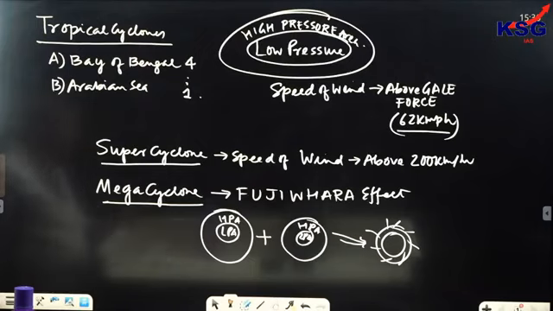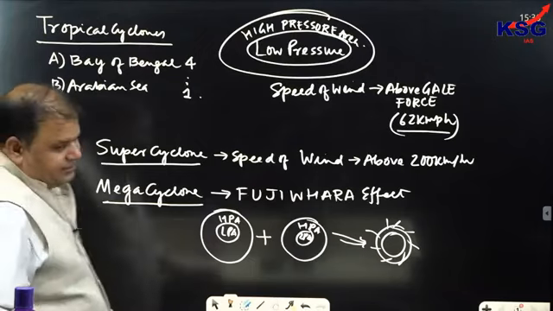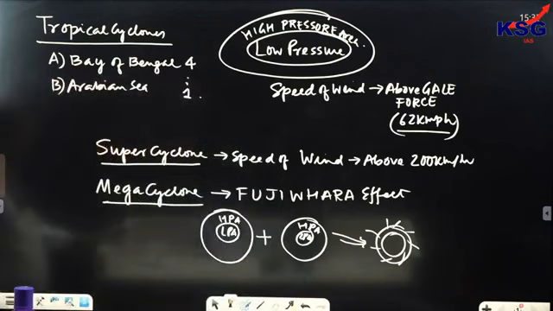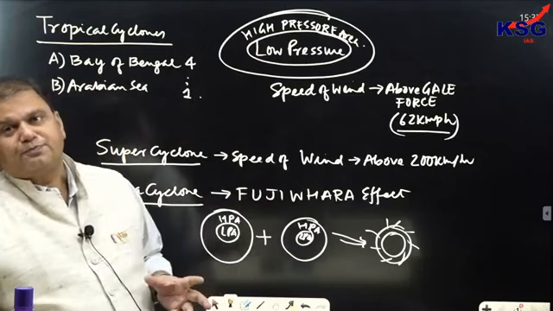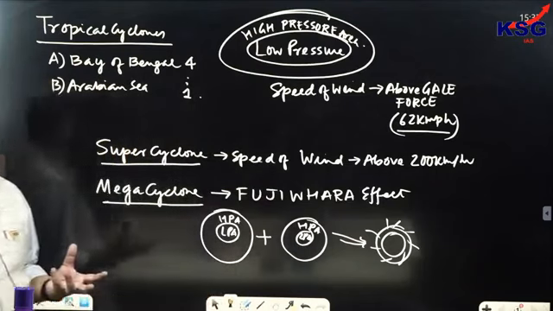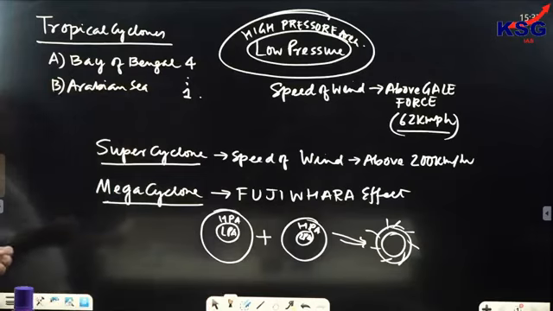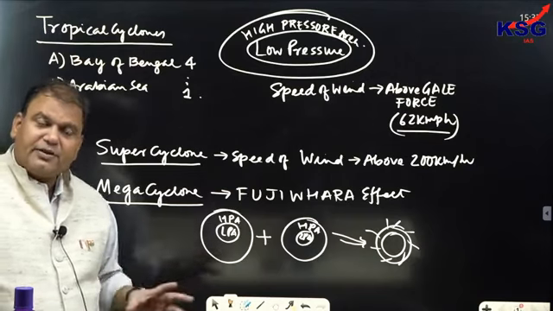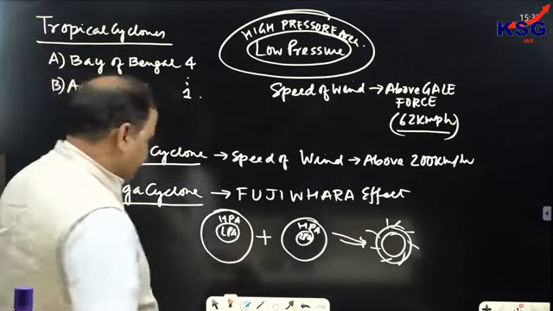See, as far as tropical cyclone is concerned, take a screenshot. The impact of tropical cyclone would be reduced if we forecast them on time. There can be many modern techniques used for forecasting.